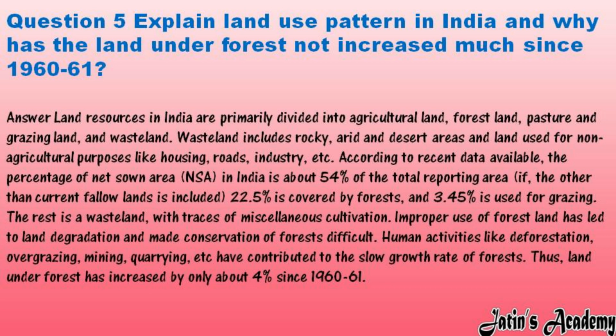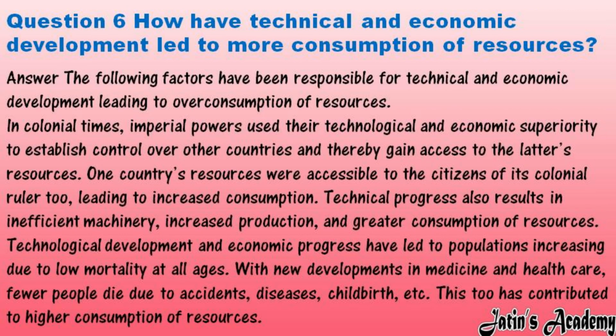Improper use of forest land has led to land degradation and made conservation of forests difficult. Human activities like deforestation, overgrazing, mining, quarrying, etc. have contributed to the slow growth rate of forests. Thus, land under forest has increased by only about 4% since 1960 to 1961.